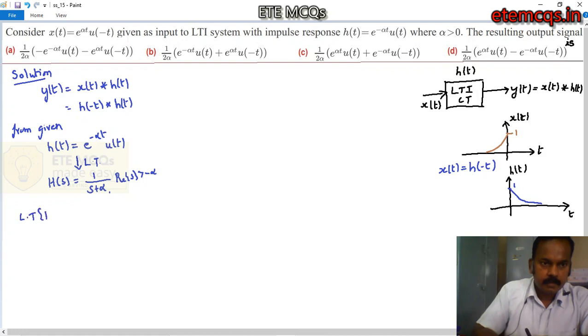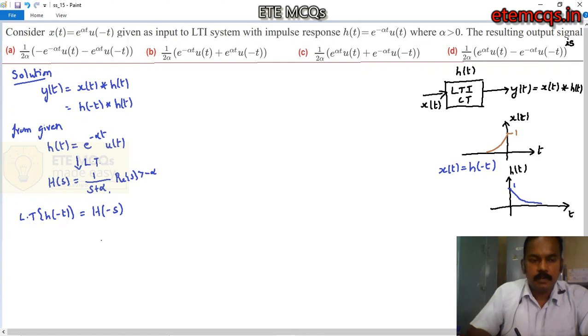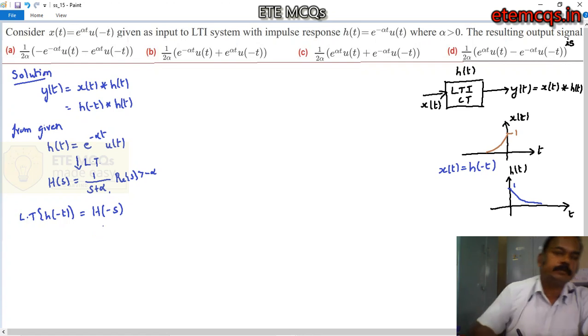Laplace transform of h of minus t is H of minus s. Let me call this equation number 1.